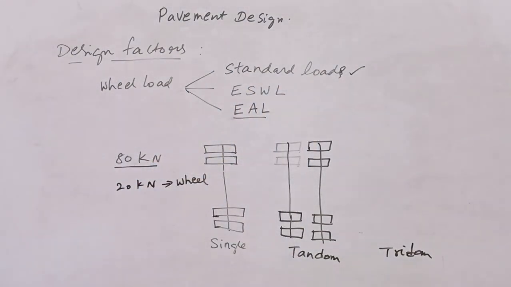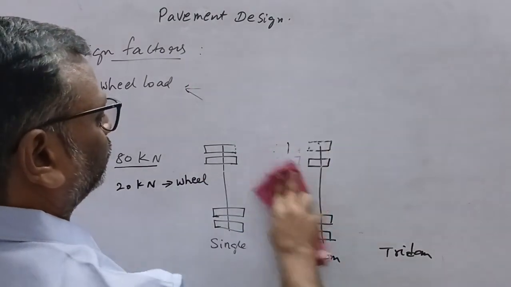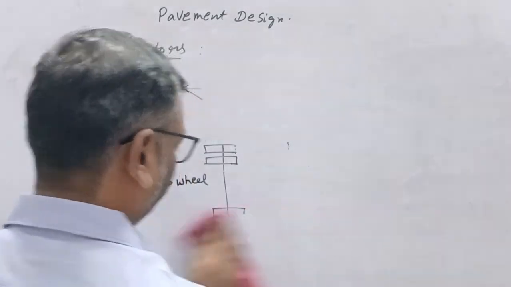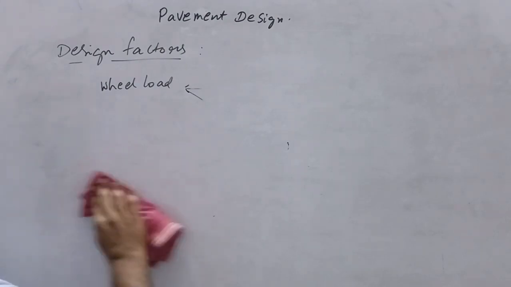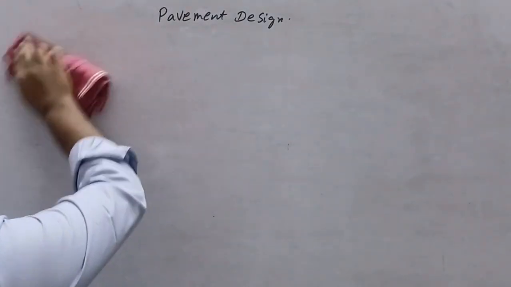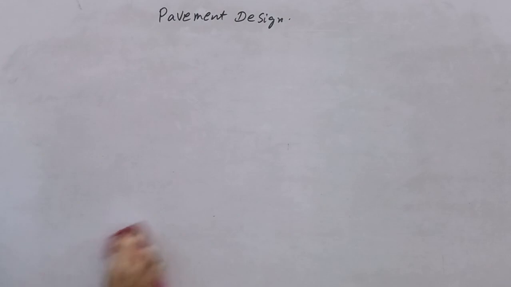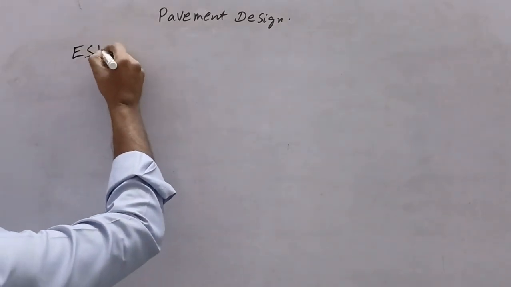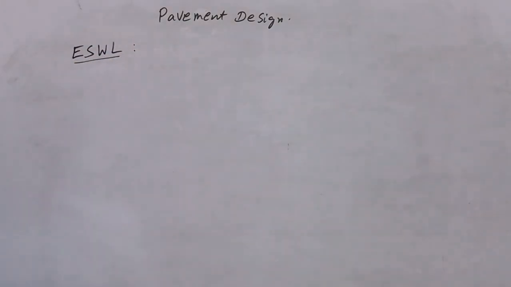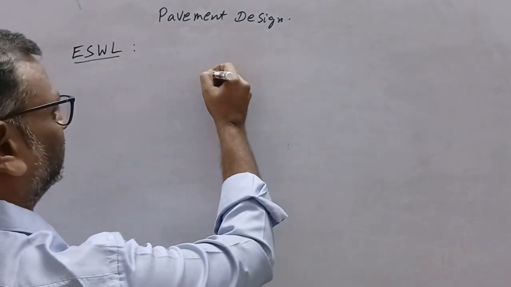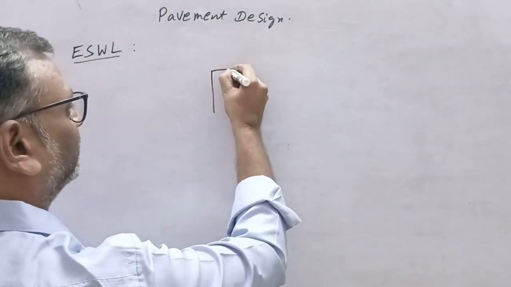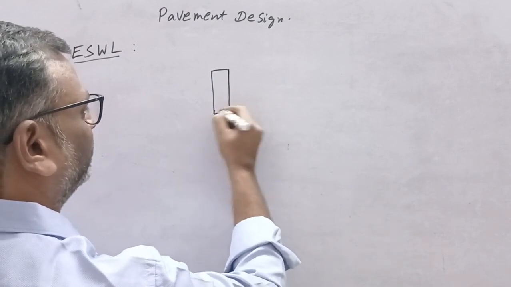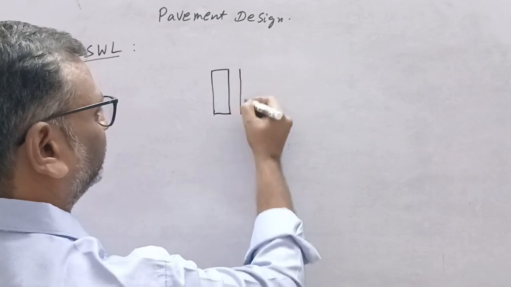We'll see now: equivalent single wheel load. Suppose this is a dual wheel assembly on top of a pavement.